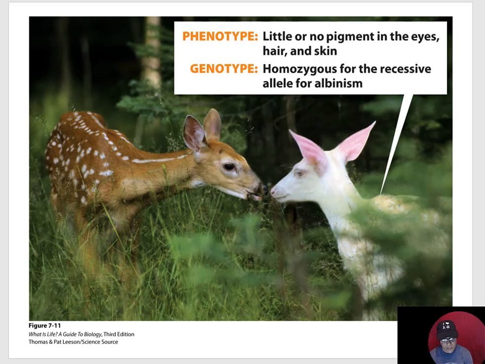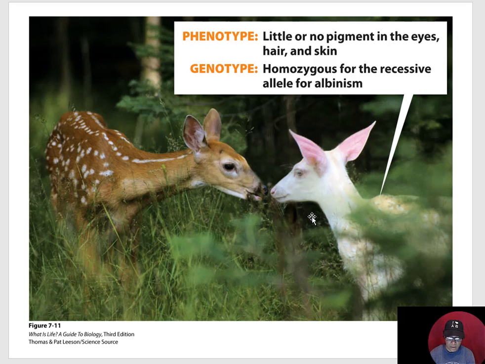But here, when we're using the terminology of genotype, looking at these two deer, if I'm speaking of the genotype, I would say that this deer here on the right is homozygous, which means it has the same two alleles. They are the same. Homozygous for the recessive allele for albinoism.